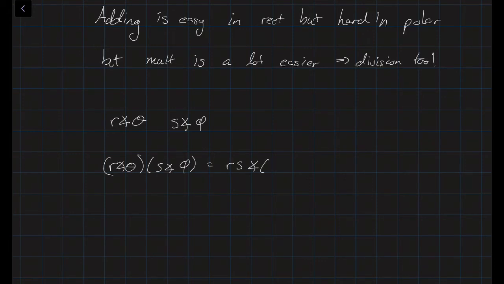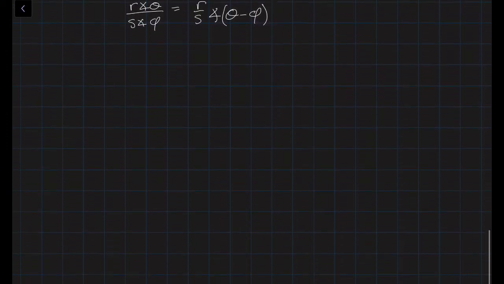So r angle theta times s angle phi is rs angle phi plus theta. And to divide them, we just divide the coefficients, or the lengths, and then subtract the angles. So r over s angle of theta minus phi.